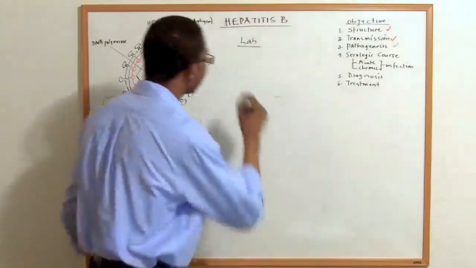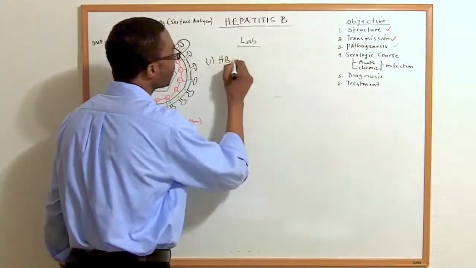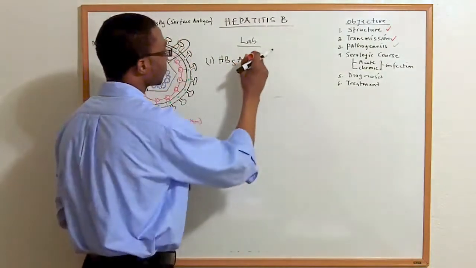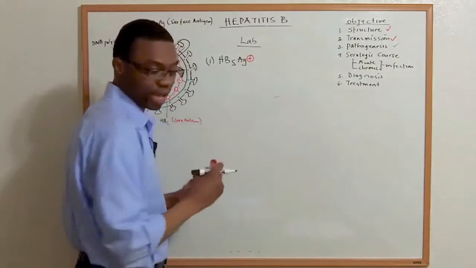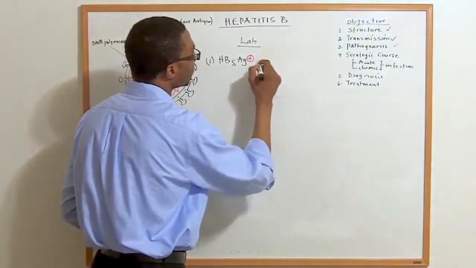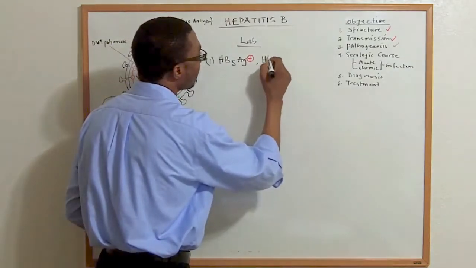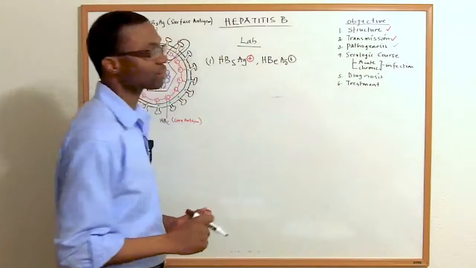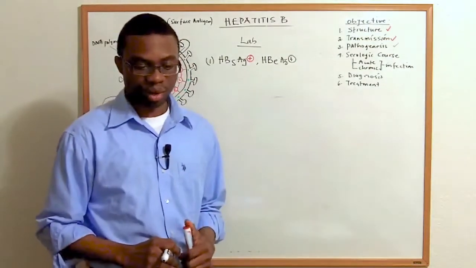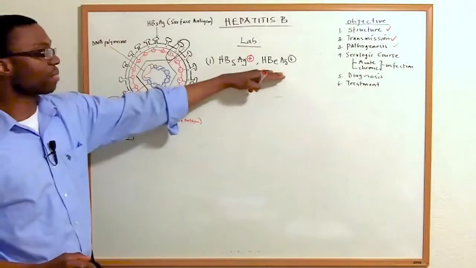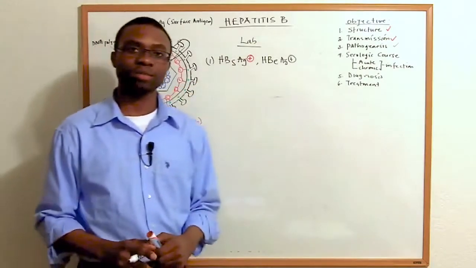The patient has hepatitis B surface antigen positive, and also hepatitis B early antigen positive. That's the serology. After we drew the labs, what do you think is going on?